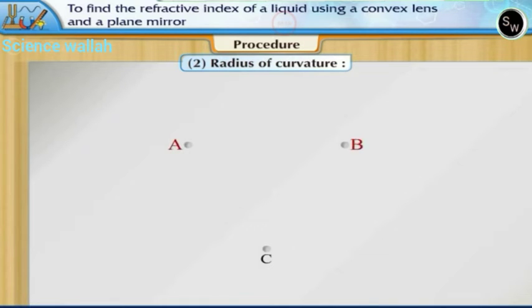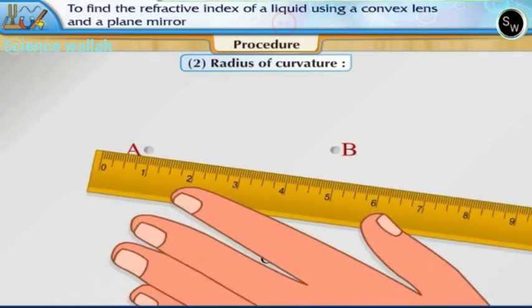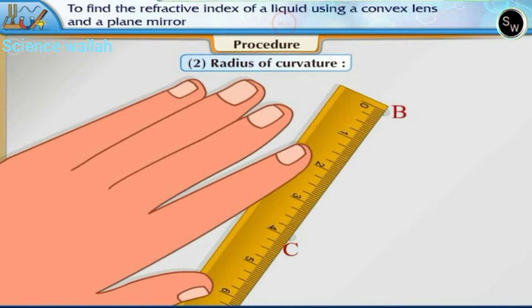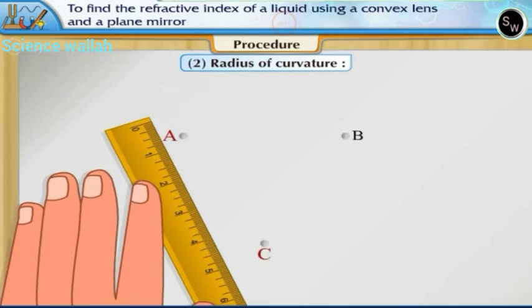Measure the distances AB, BC and AC using the scale. AB is equal to 4.0 centimeter, BC is equal to 4.0 centimeter, AC is equal to 4.0 centimeter.